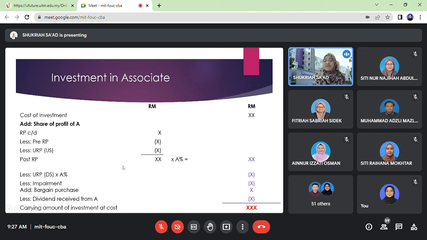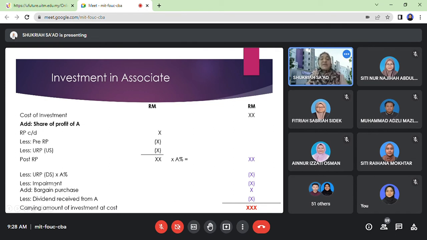So debit retained profit holding, credit investment in associate. They also minus here, right, because of the credit to investment. And then both should be multiplied with the associate percentage. Less unrealized profit, but the one at the end should be multiplied with the associate percentage. The same goes for the unrealized profit downstream.